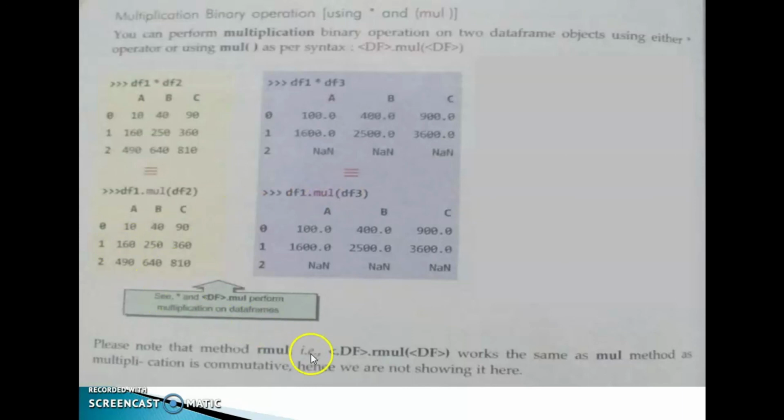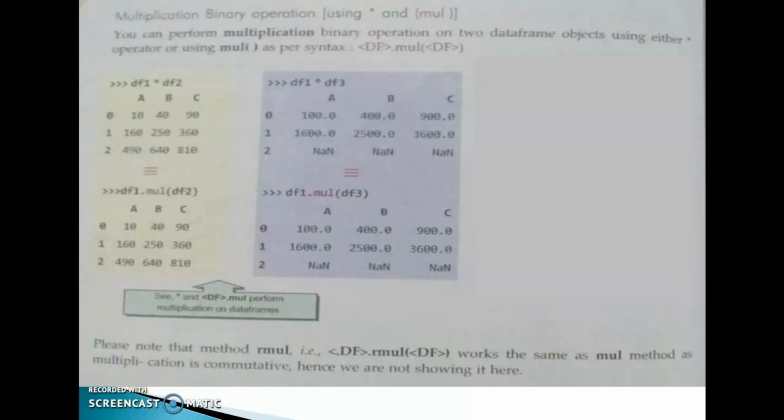Rmul function, that is reverse multiply. df1.rmul, within this parenthesis we can specify df2. It works the same as the mul method, as multiplication is commutative.